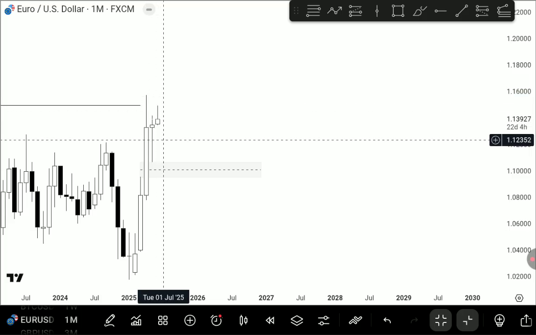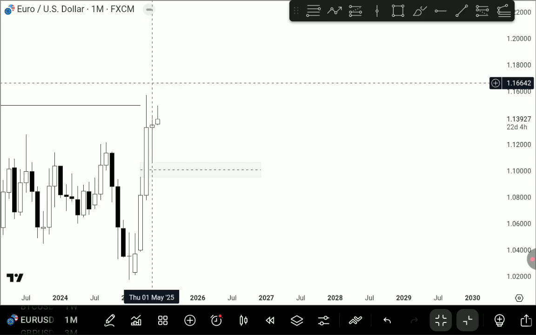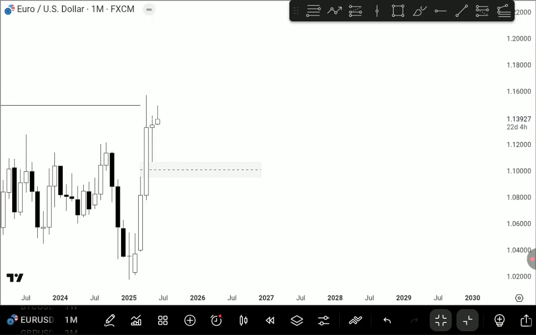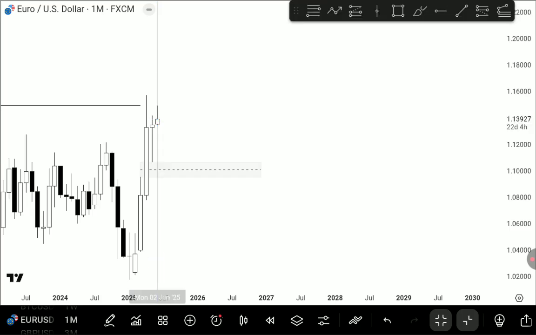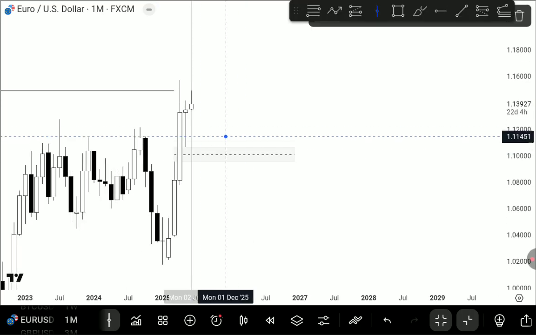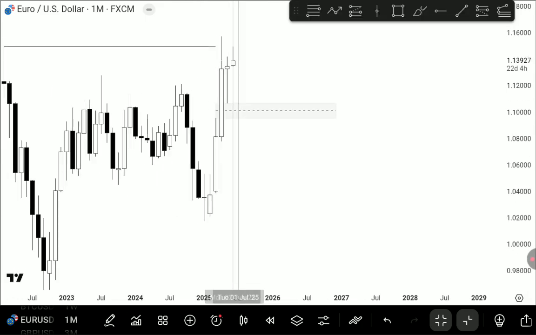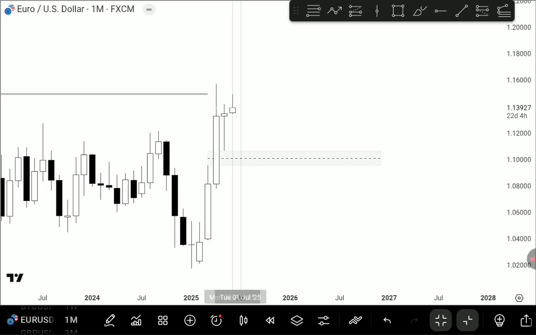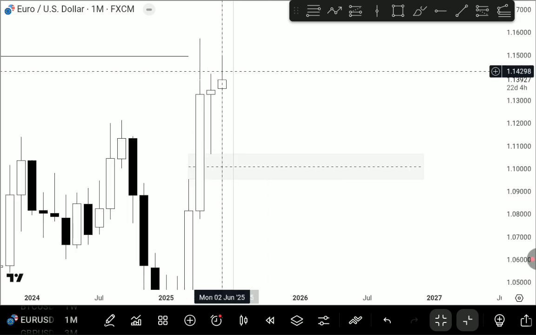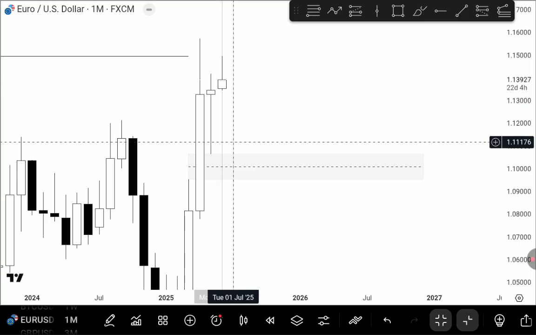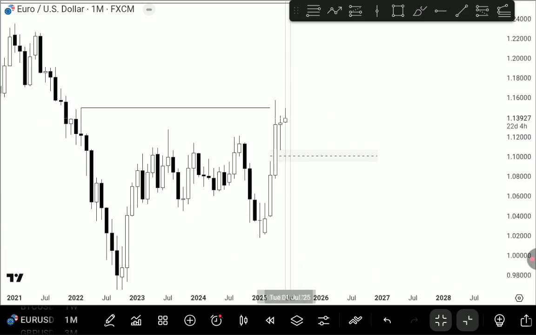I still reasonably anticipate my monthly bias to be bearish, meaning that I'm hoping to sell above the monthly candle range in order to catch important monthly expansions that may occur to the downside.